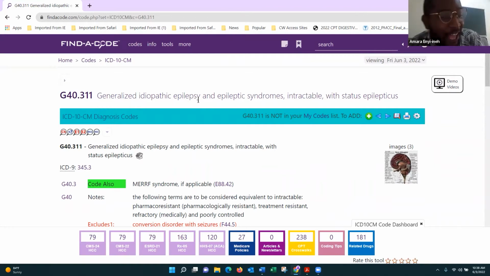Yes, I did. Though I didn't use the index, I used the tabular. I just copied the generalized and it brought it out. I know.